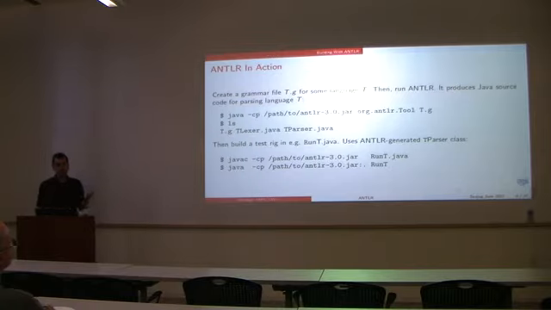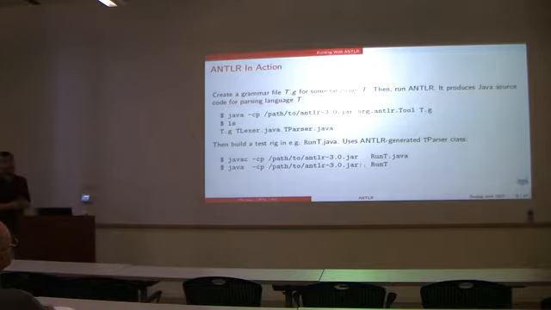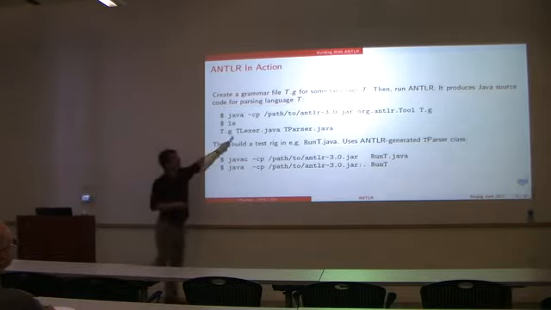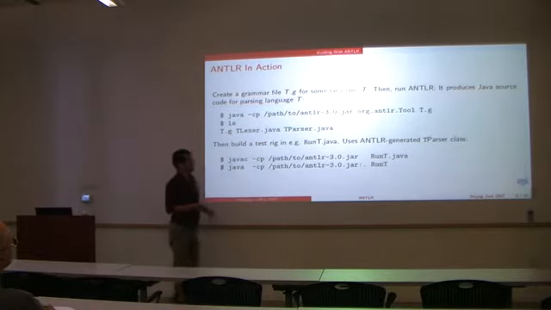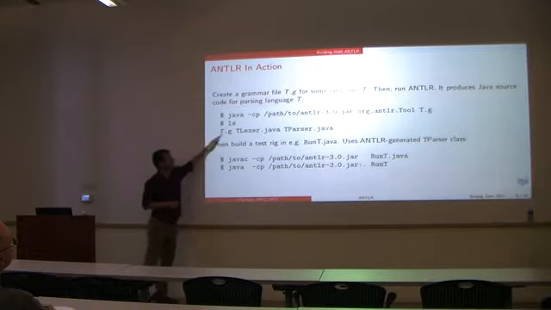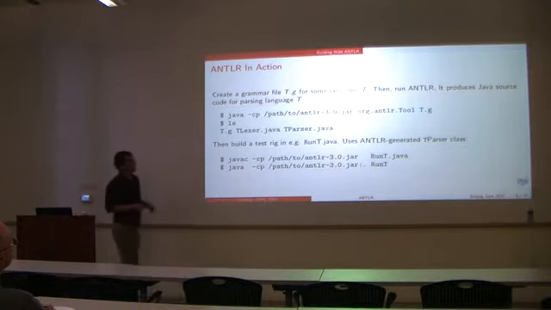So, okay, let's talk about how I use Antlr. I build a file, T.g, and then I give it to Antlr. And Antlr produces TLexer.java and TParser.java source code. So this bit's my work, and these generated pieces of code are Antlr's work.